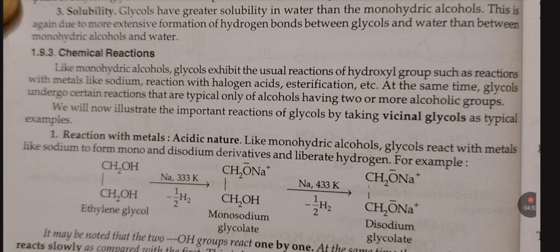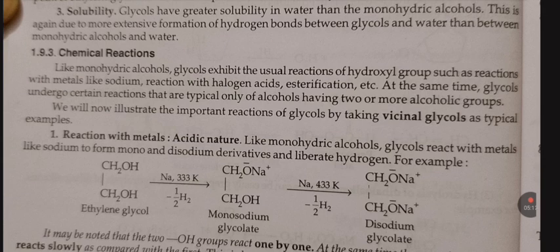At the same time, glycol undergoes certain reactions that are typical only of alcohols having two or more alcoholic groups. We will now illustrate the important reactions of glycol by taking vicinal glycol as a typical example.